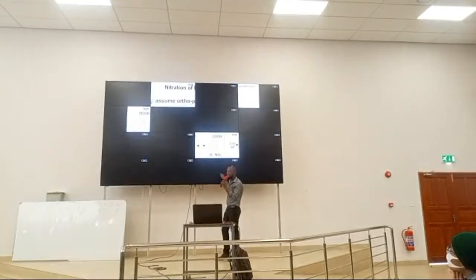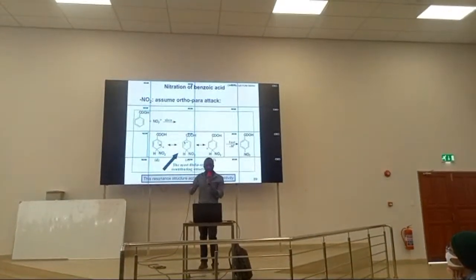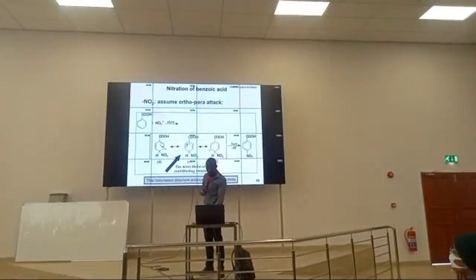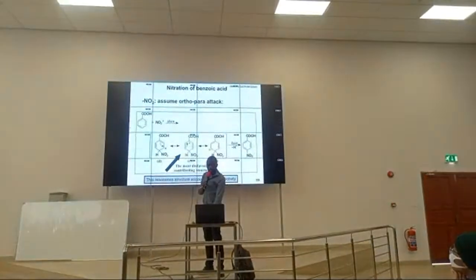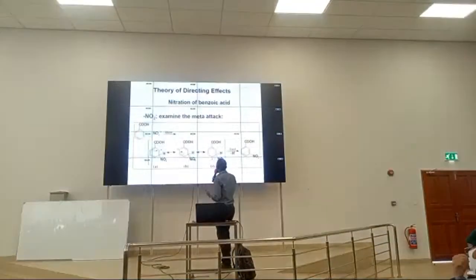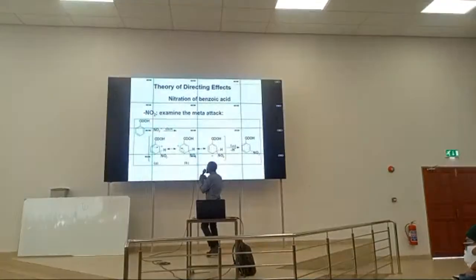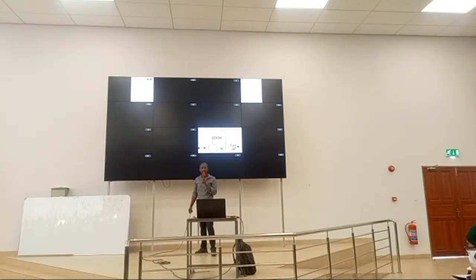So we see that this set of resonance structures are unstable compared to the other set of resonance structures where attack occurs at the meta position. Here we do not have any positive charge sitting on a carbon atom connected to a carboxyl carbon. We don't have that.